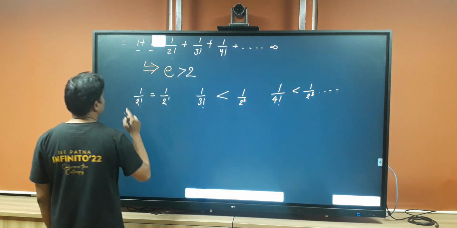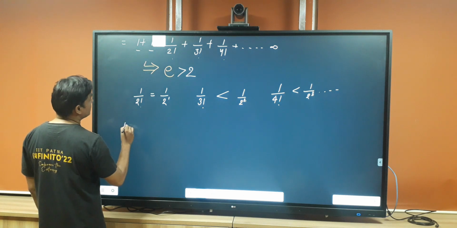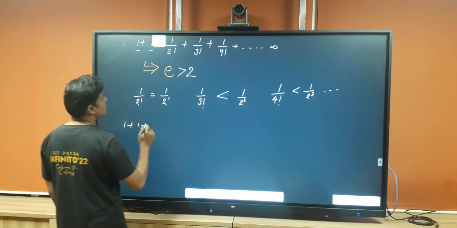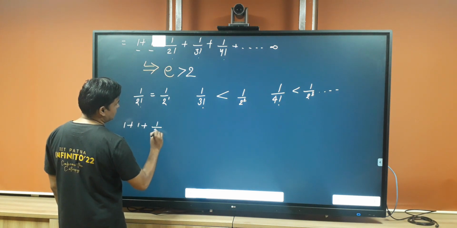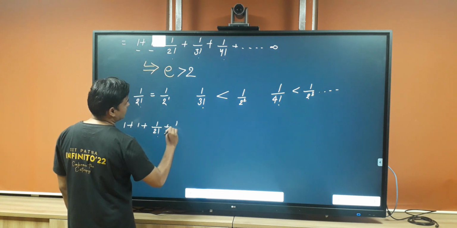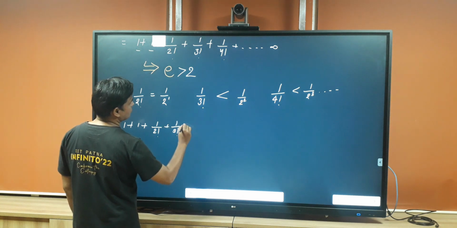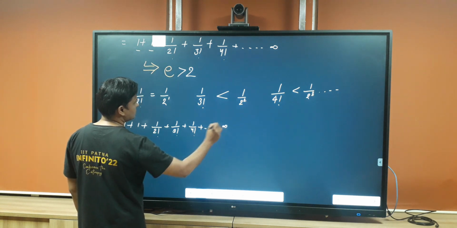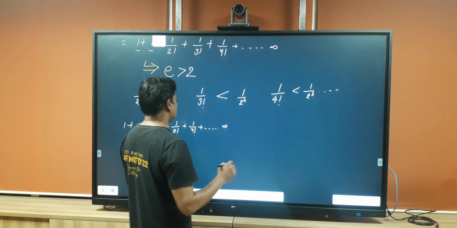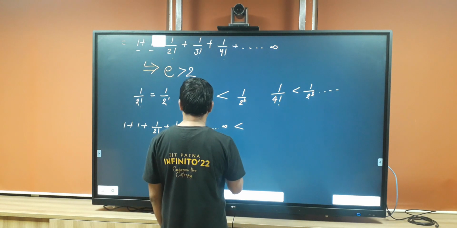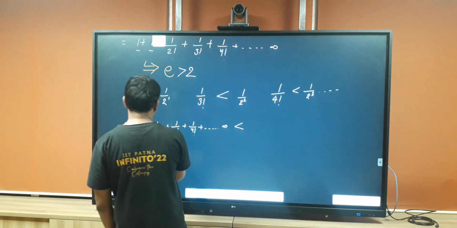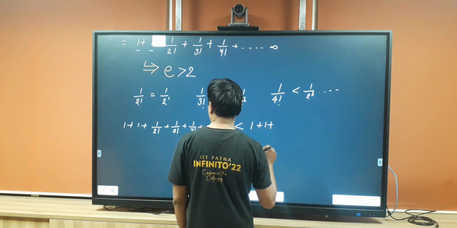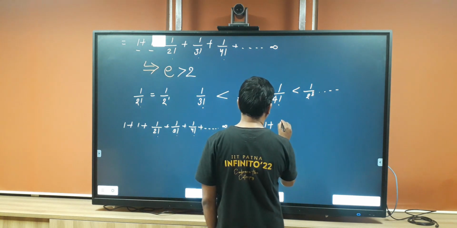Now what was the original series? That was 1 plus 1 upon 2 factorial plus 1 upon 3 factorial plus 1 upon 4 factorial till infinity. This was E. Now can I say that this will be smaller than the following? I will be writing 1 plus 1, and in place of 1 upon 2 factorial I can write 1 upon 2 itself.